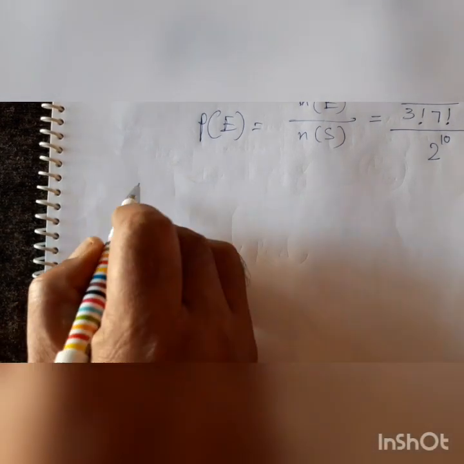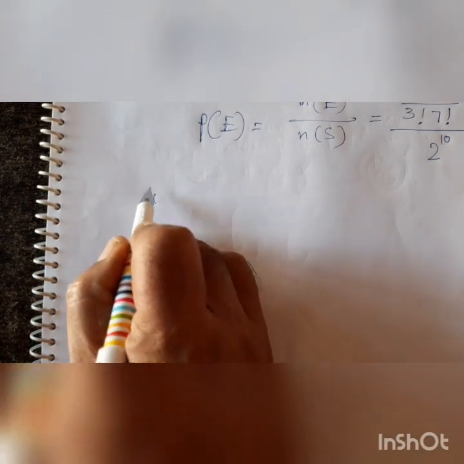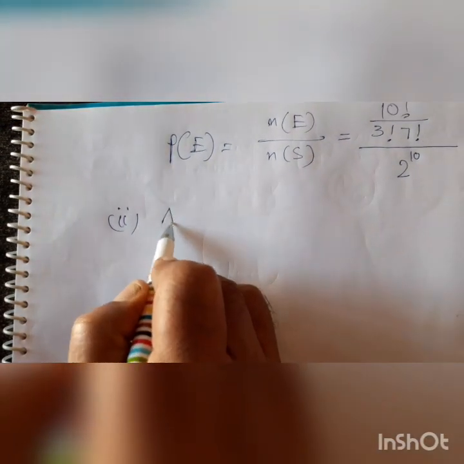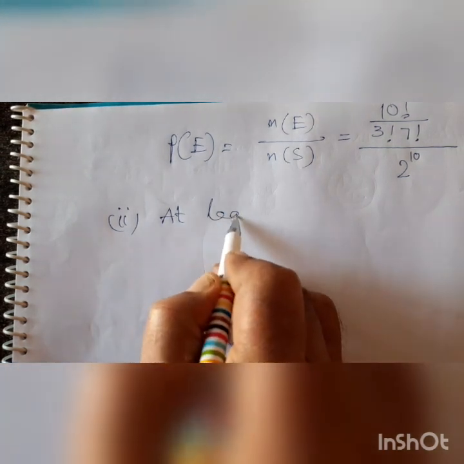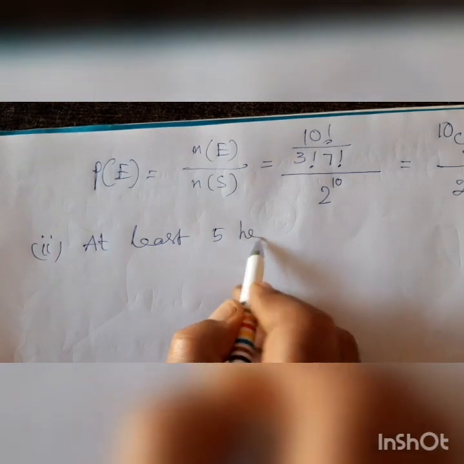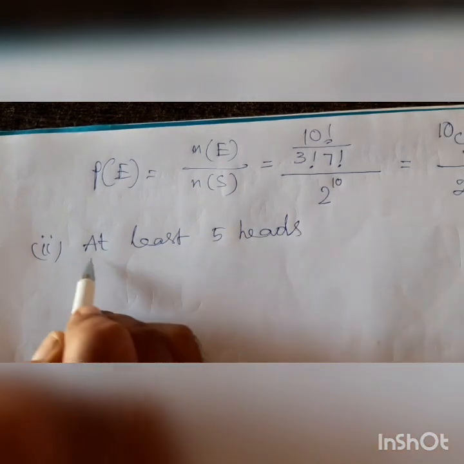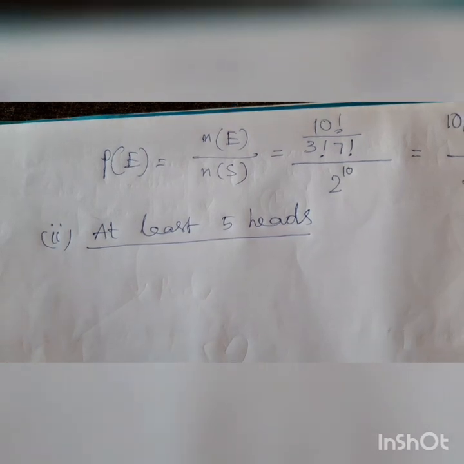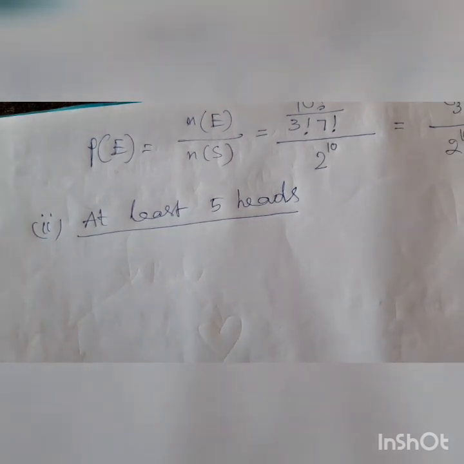For the same question, second bit: at least 5 heads. How to find at least 5 heads?